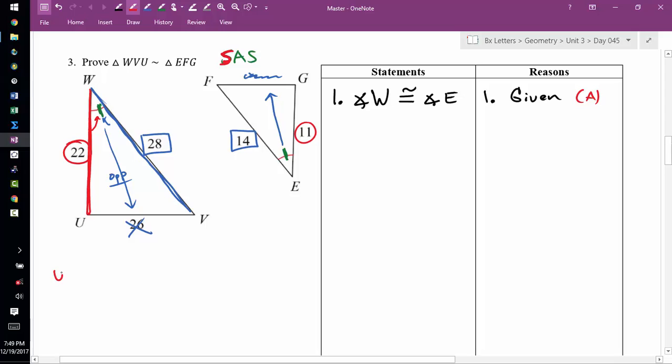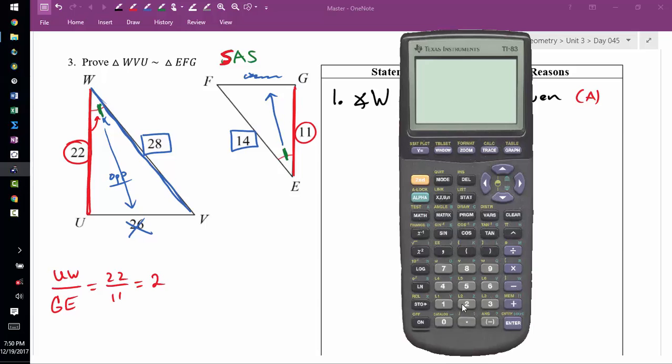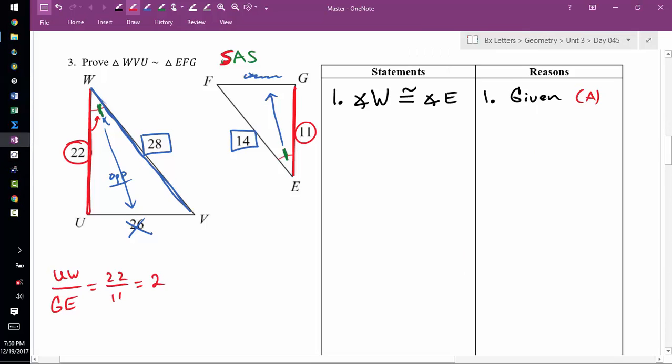I'm going to say UW, that side, divided by the corresponding side, GE. Well, that would be 22 over 11, which is, what, 2? You can ask a calculator if you're skeptical. Turn it on, 22 and 11. Yeah, 2.